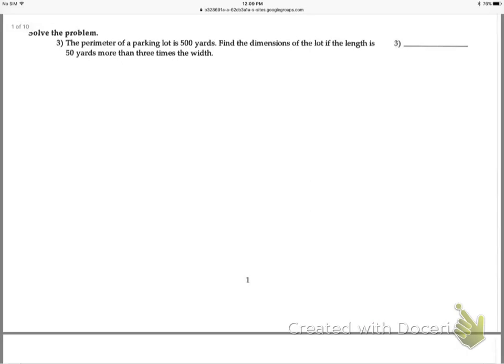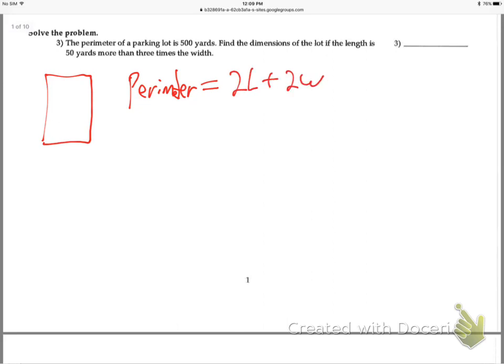So for a rectangle, does anybody remember the perimeter formula? 2 lengths plus 2 widths. Yeah, it's got a width and a width and a length and a length. And perimeter just means going all the way around the object, huh? 2 widths and 2 lengths. Add it up.